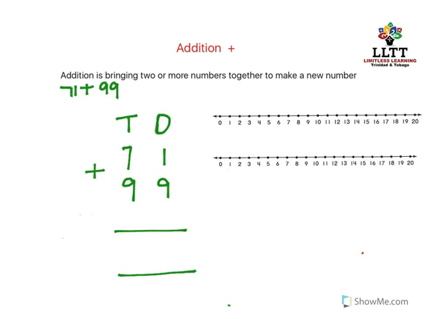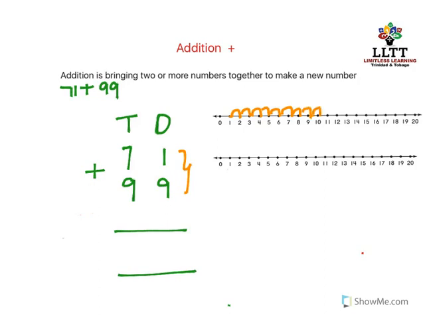So the first thing that I'm doing is adding my ones. 1 plus 9. I'm going to start at 1, put my yellow dot at 1, and move 9 spaces to the right. That's 1, 2, 3, 4, 5, 6, 7, 8, 9.